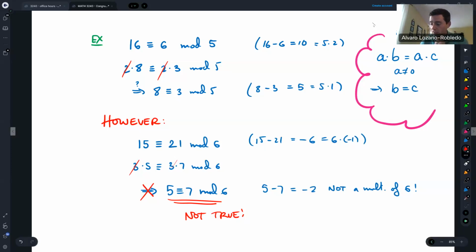So I can cancel these A's and get that B is equal to C. But this doesn't seem to be true in some cases. And what is the culprit here? Well, here 2 is actually relatively prime to 5, but 3 is not relatively prime to the modulus. So that's why I'm not going to be able to cancel that 3 in general.